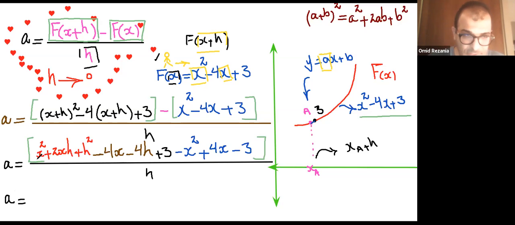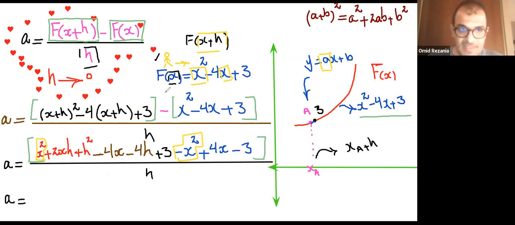Guys, look at the first term. I have x squared here, and I have minus x squared here. Similar terms, opposite sign. It means that you kill them, they vanish, and I get 0 for it.